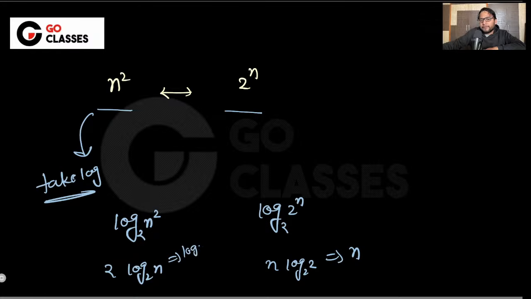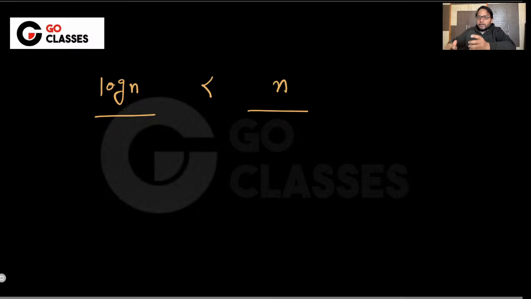So which one is greater, n or log n? You got to know that n is greater, right? Between log n and n, n is strictly greater, always greater. Interestingly, even if you put any power of n.